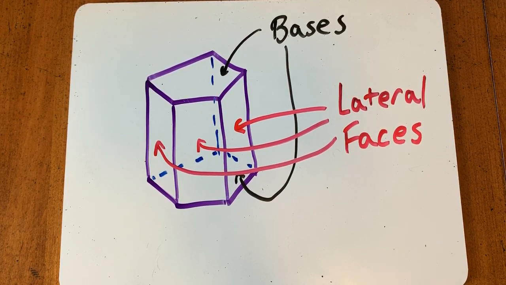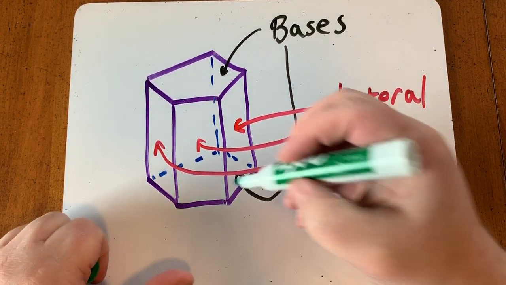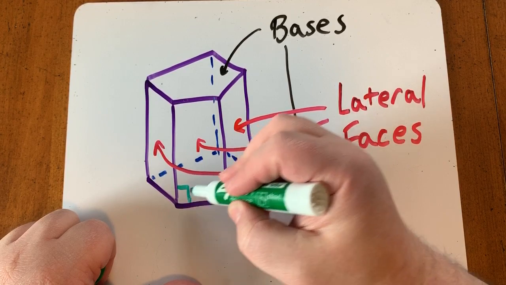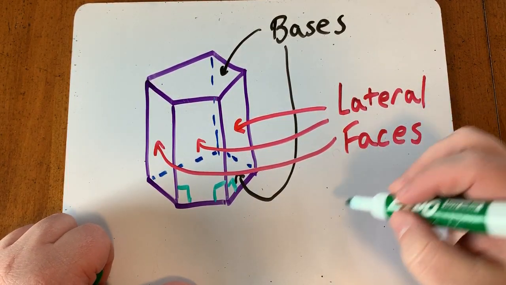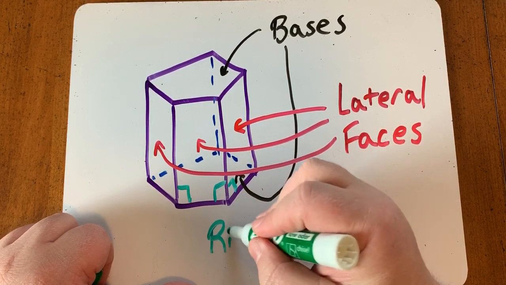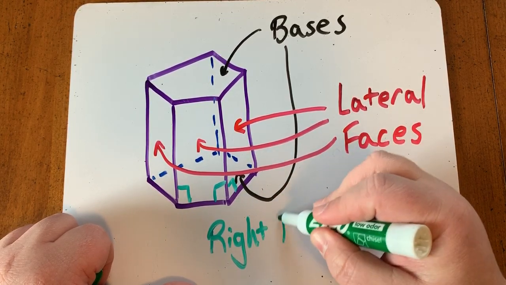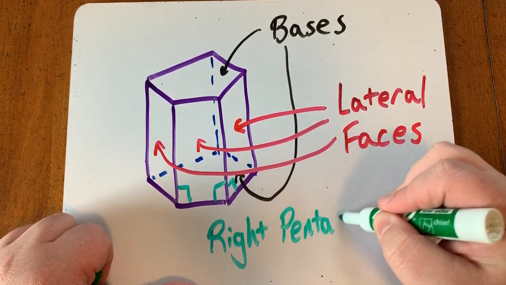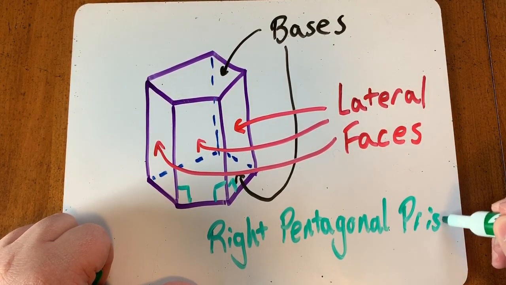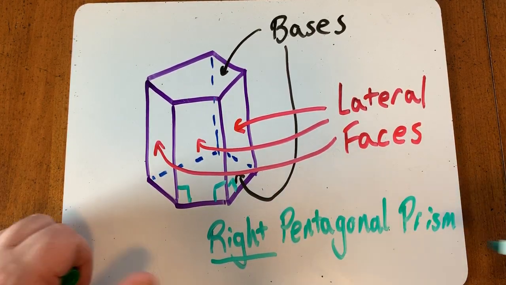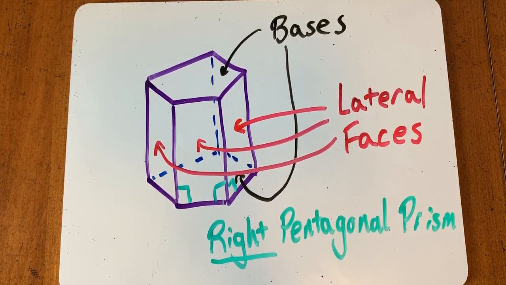Now, if the lateral faces are all rectangles, that means that all of these are right angles. It would be a right pentagonal prism. So if all the lateral faces are rectangles, it's a right pentagonal prism.